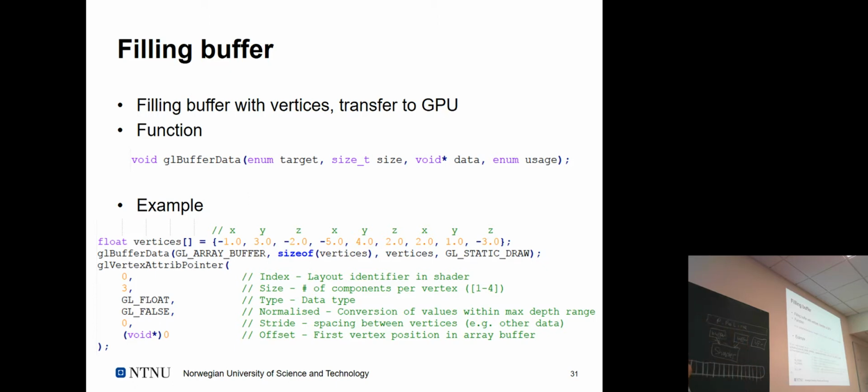So we have x, y, z, r, g, b, x, y, z, r, g, b, x, y, z, r, g, b. So this is what is in our array.